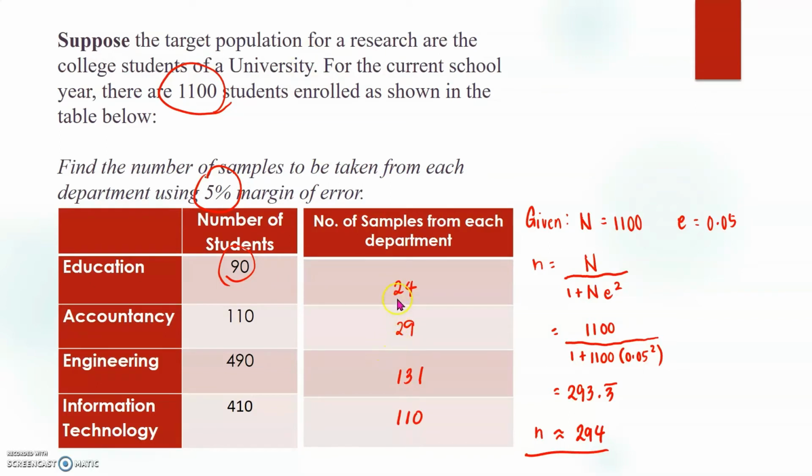For education, out of the 90 students, we'll have to get 24 students as representatives. Accountancy, we have 29. Engineering, we have 131. And for information technology, we have 110. Okay? So, next.